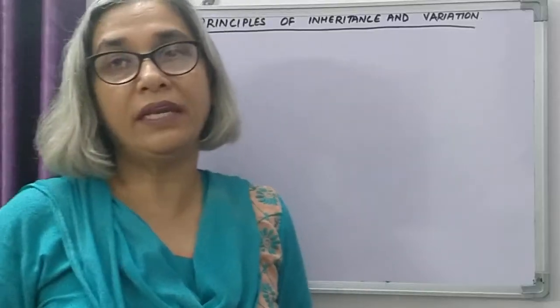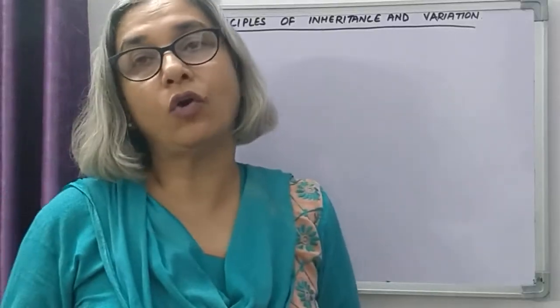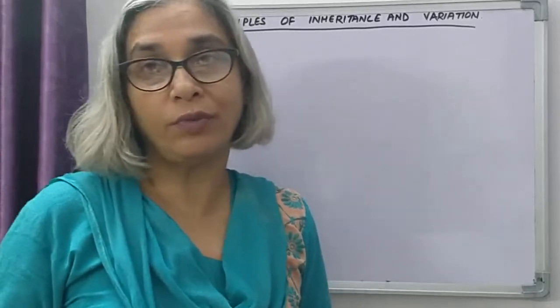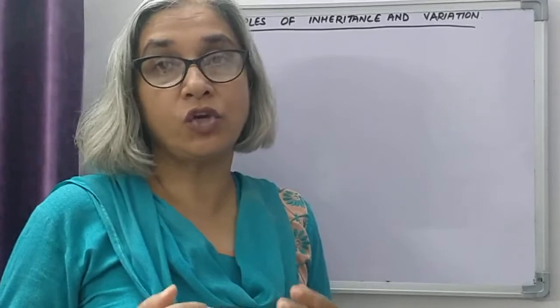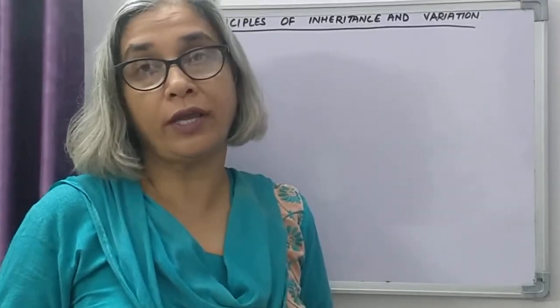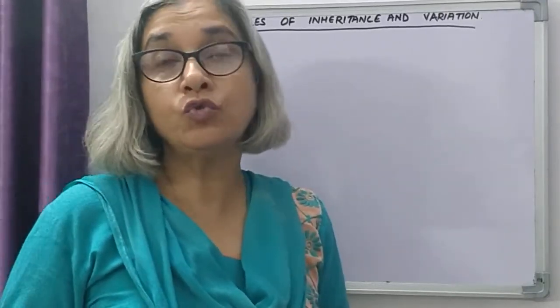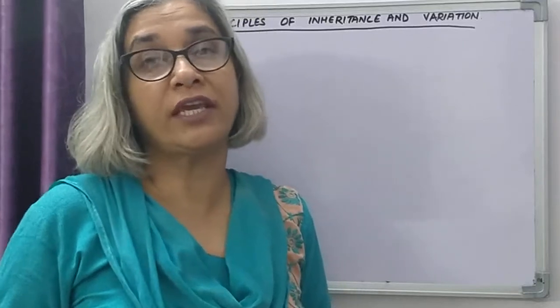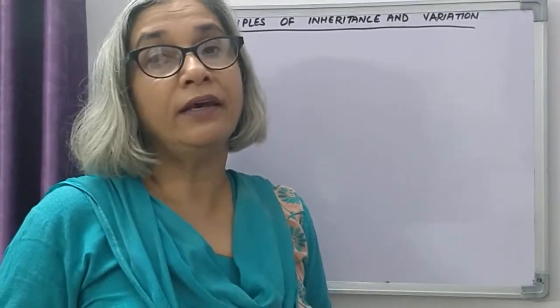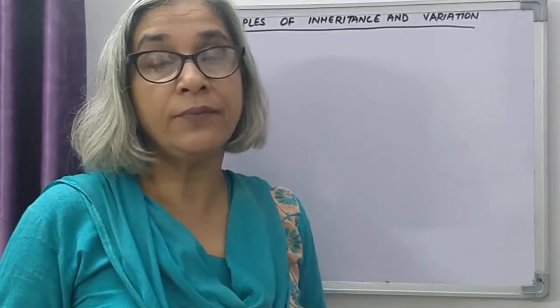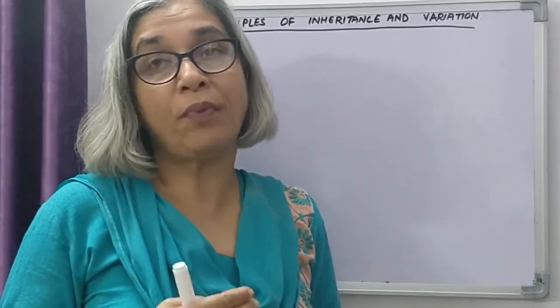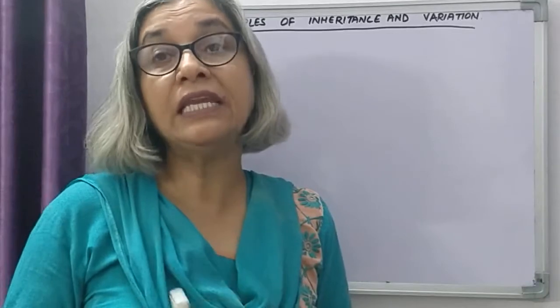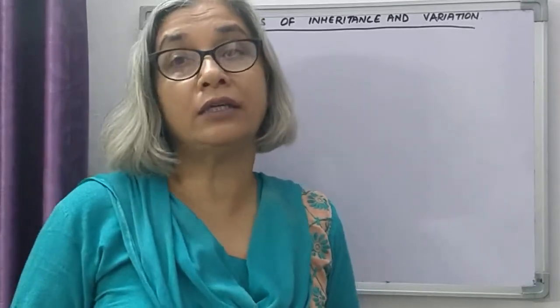Now we will do Mendel's third law, that is the law of independent assortment, which says that when there is a cross between two organisms having two pairs of contrasting characters, then the segregation and inheritance of each pair of characters is independent of the other.